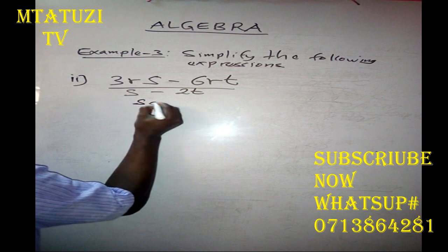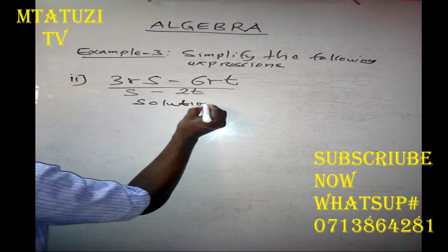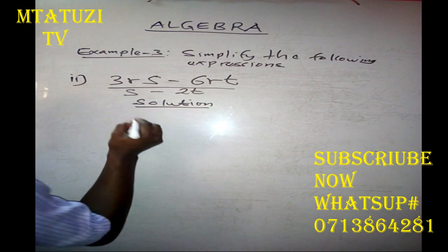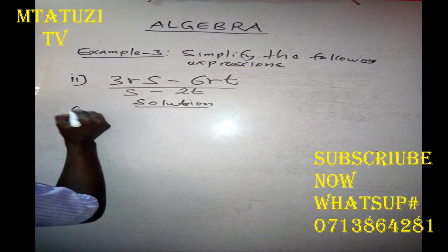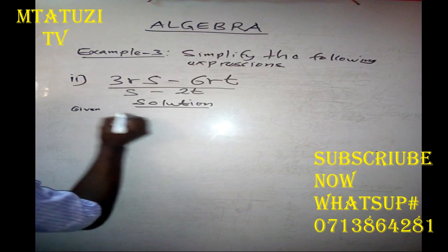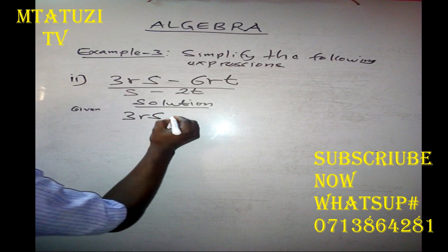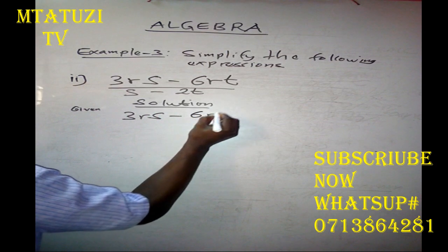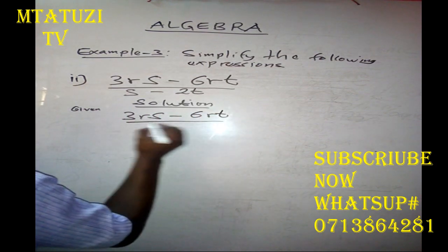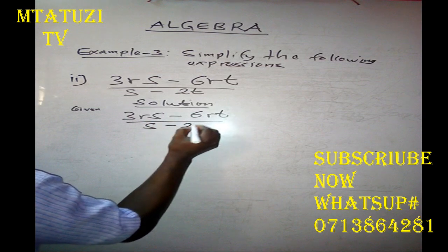Solution. How to simplify this one? You simplify as follows. First write what you are given: 3RS minus 6RT divided by S minus 2T.